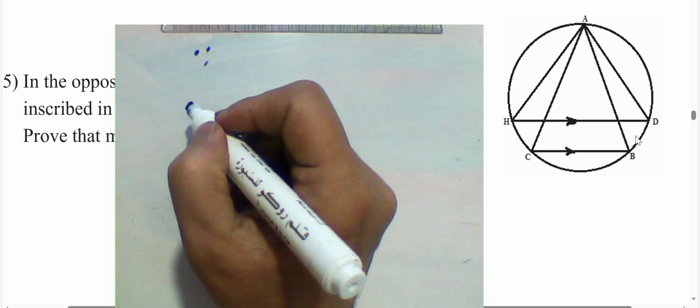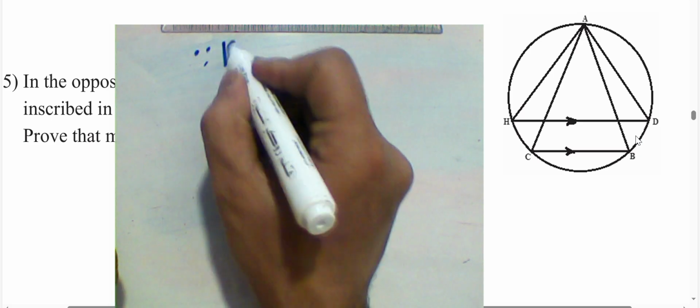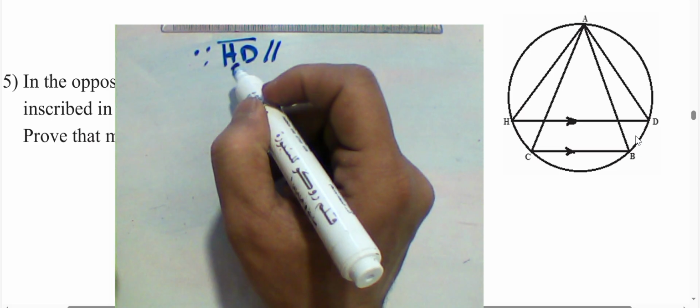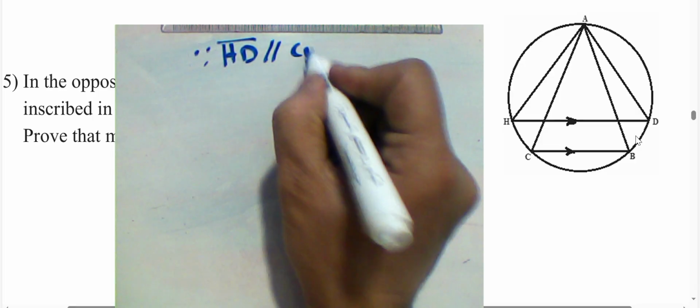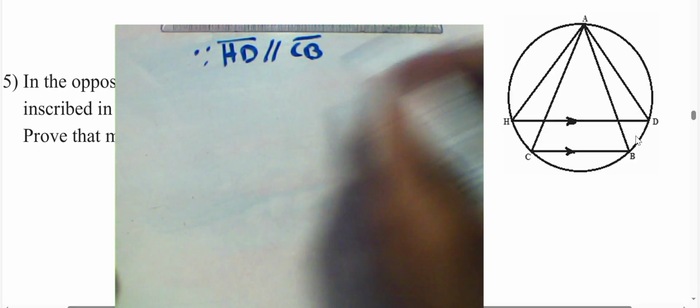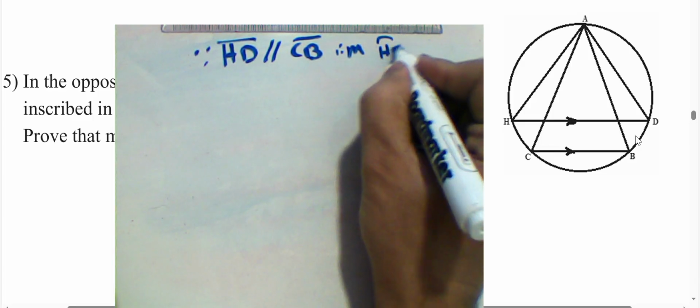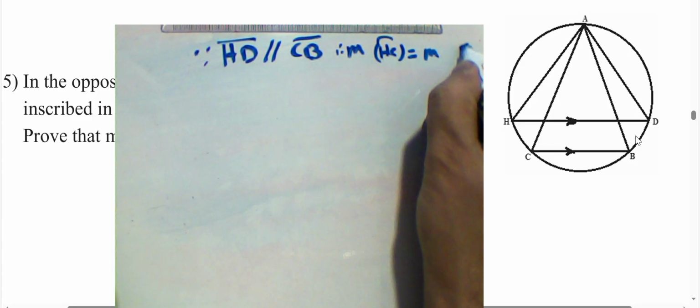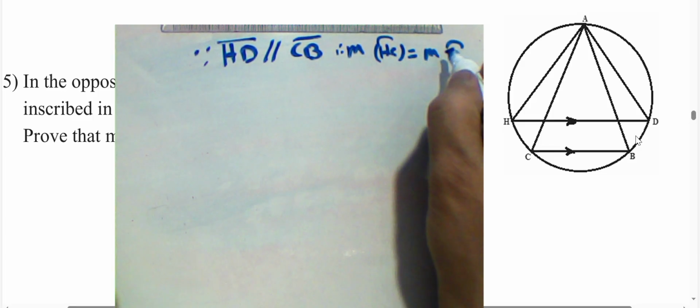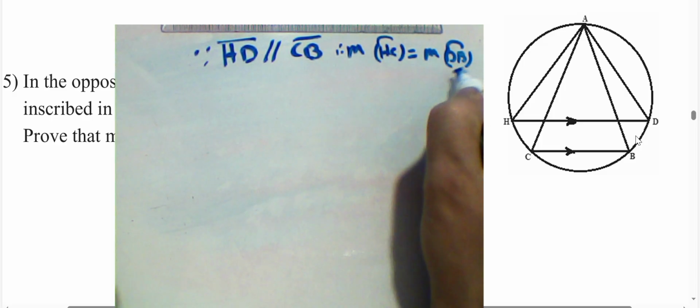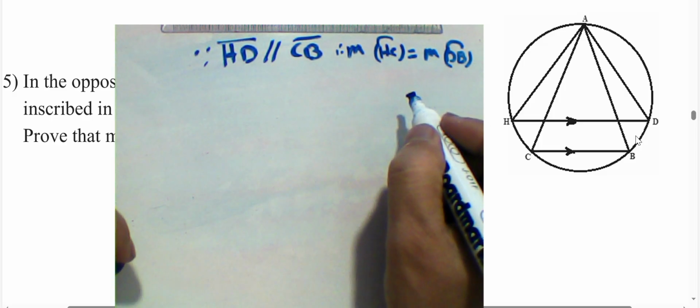First step, such that HD is parallel to CP. They are parallel. Then the measure of arc HC equals the measure of arc DB. They are equivalent. Okay.